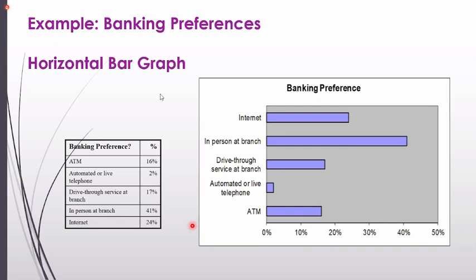Based on this graph and the percentage distribution, what is your decision regarding the preference of banking methods? How can you make the decision? Suppose the banking manager asks you, as you are joining as a trainee statistician. The bank manager gives this chart and asks what your decision is based on this chart.